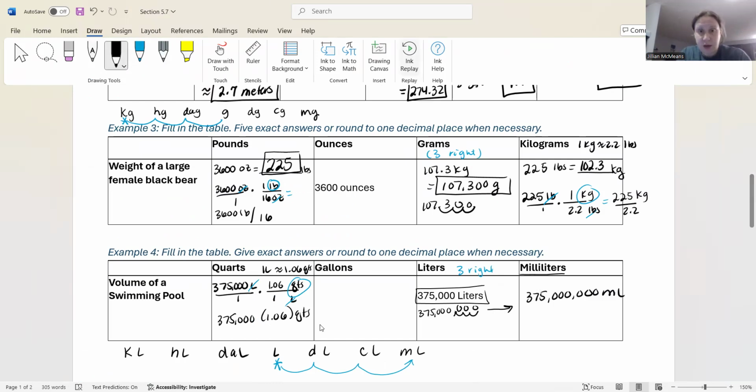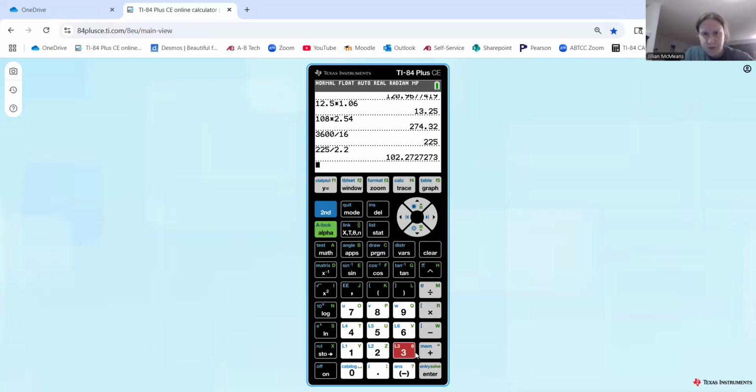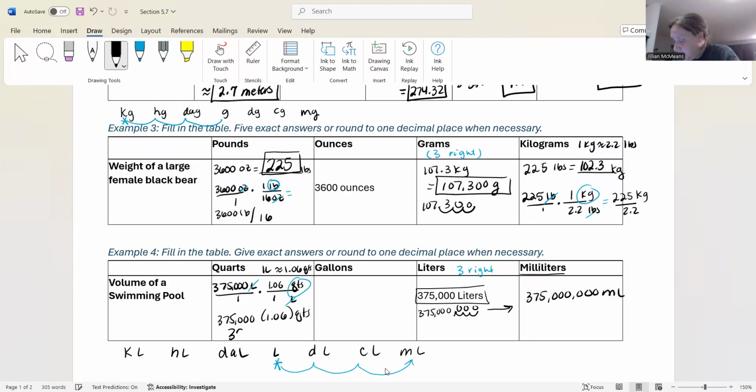So 375,000 times 1.06, and we get 397,500. So that was nice. We actually get a pretty number here. So 397,500 quarts. So that is our final answer for quarts.